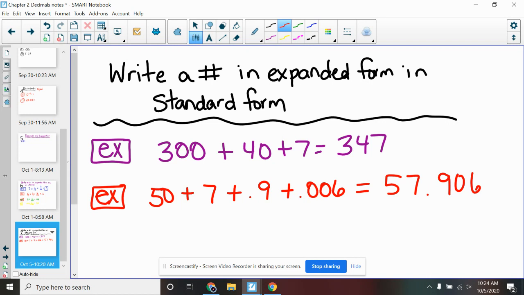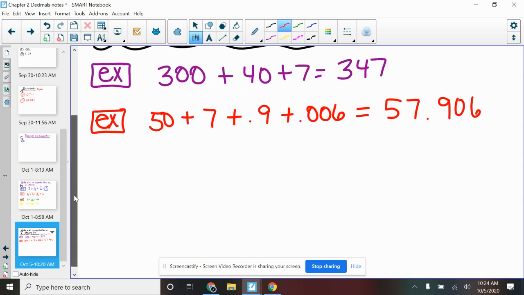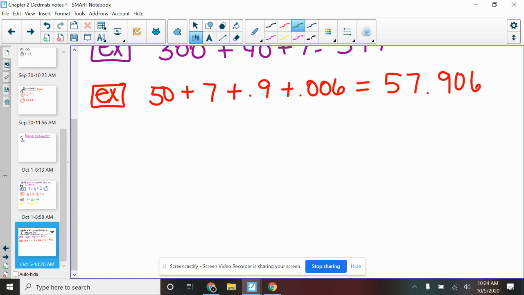Okay. So now, what if instead of me giving you the 0.9 and the 0.006, what if I gave it to you as that multiplication thing? Would it make it harder? No. So we don't have to get panicked. All right, let me give you one from the book test.